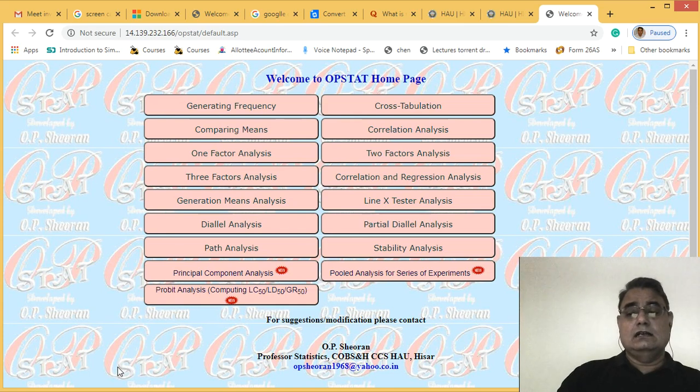Qualitative data are those data which cannot be measured on a particular scale, meaning you have given the option to the respondent and the respondent will choose any one of the options you provided. Then we will count how many users responded to a particular category. This is known as frequency.